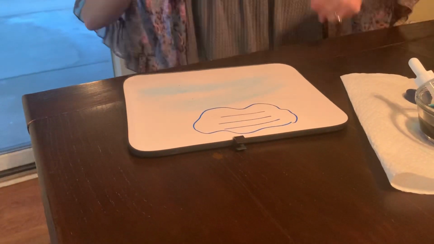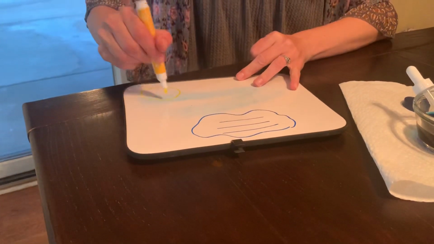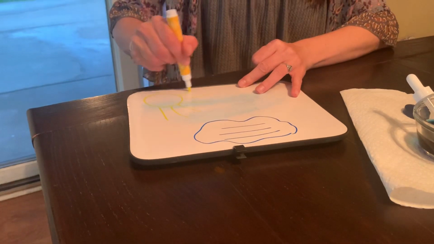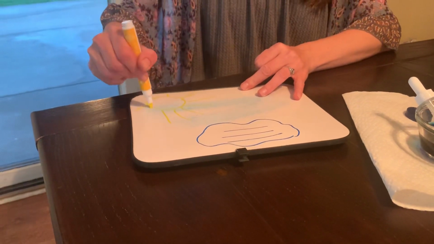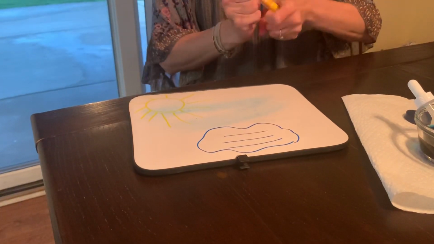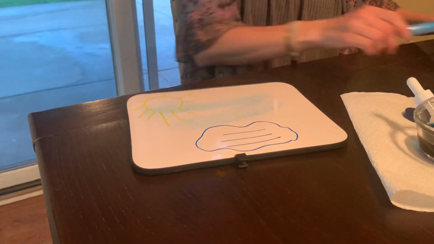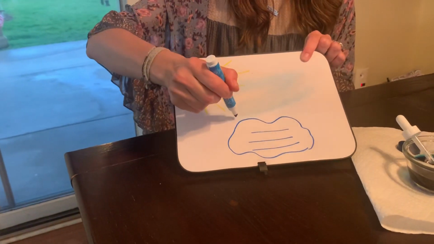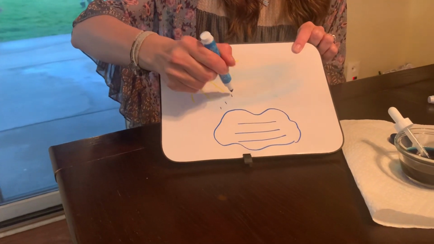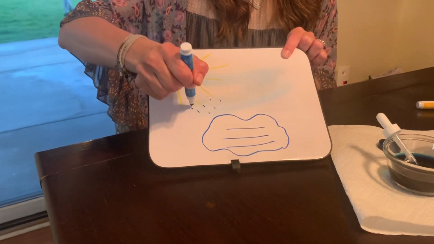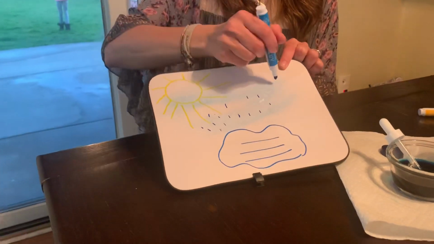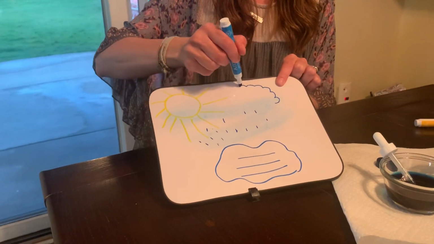Those rays of the sun are shining down on the earth, shining down on that water, making it evaporate. So that sun is making some of the water evaporate. So that water goes back up into the sky in little drops and forms those clouds.